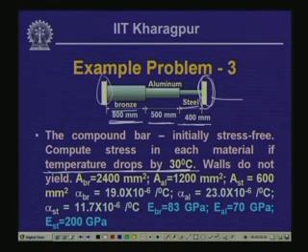Since here temperature is dropping, this bar will undergo contraction. So, let us say this is the position where this bar comes from its original form. This is the deformation delta. To bring this bar back in position, we will have to apply a tensile pull, which we call P.